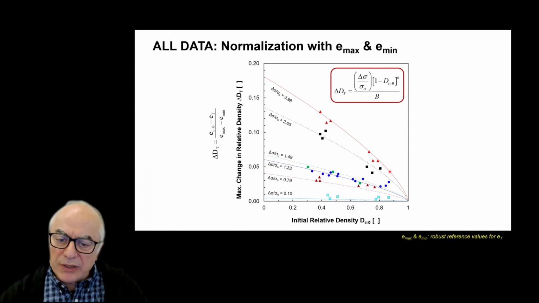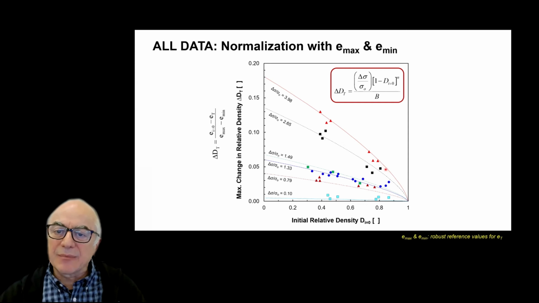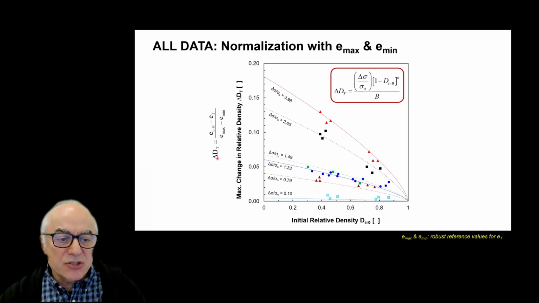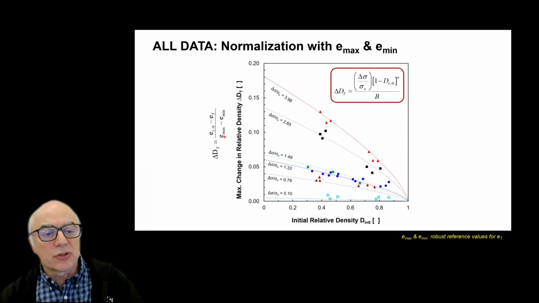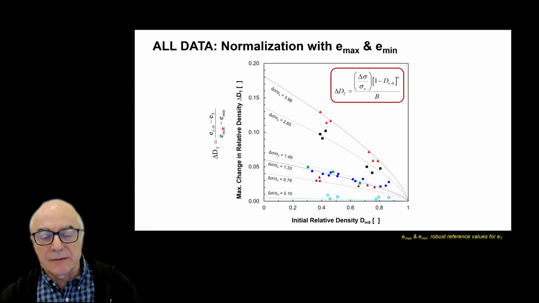And then for each one of them, we determine the terminal void ratio. And now we can plot the change in void ratio from the initial condition to the terminal void ratio, also normalized with respect to Emax and Emin.